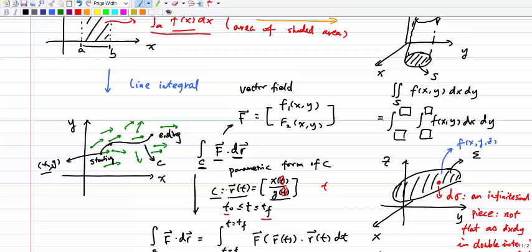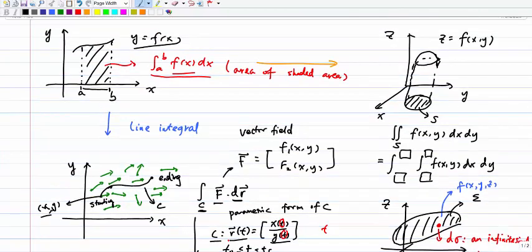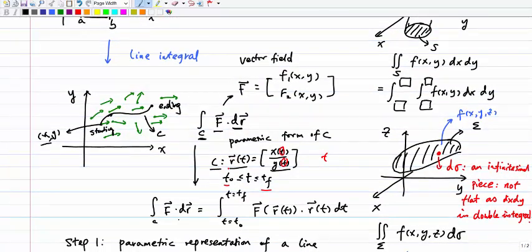If we have the parametric form of C, the line integral can be written as the standard integration I mentioned before. So we rewrite this as integration from t0 to tf, the lower bound and upper bound for the parameterized line C, the starting t and ending t.